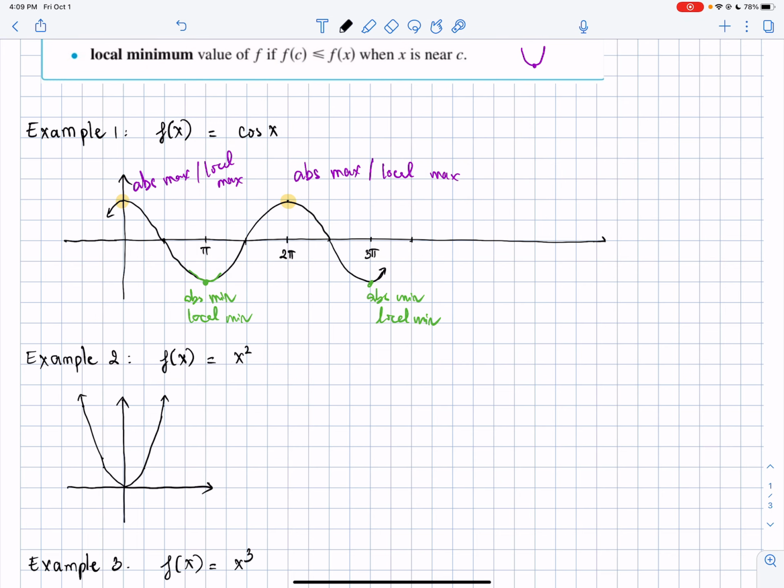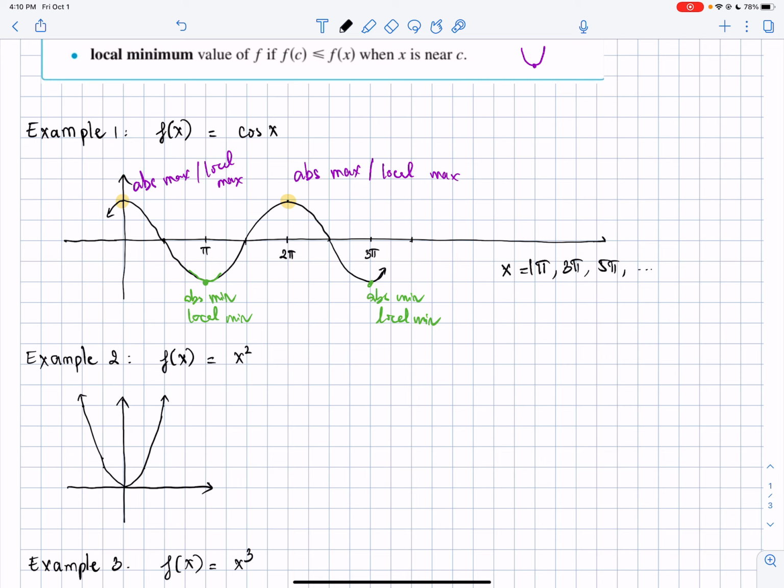The absolute min and the local min happen at x equal pi, then 3 pi, then 5 pi, and it can be negative also: negative pi, negative 3 pi, and so on. So 1, 3, 5, and so on, it is the odd numbers.